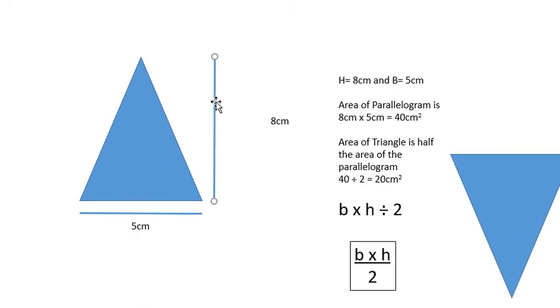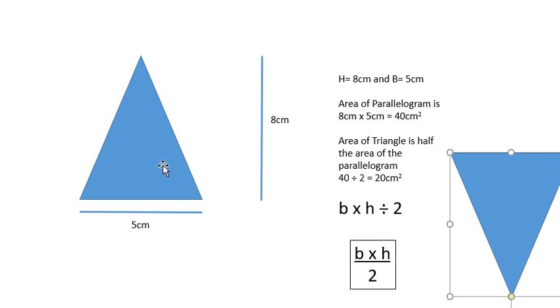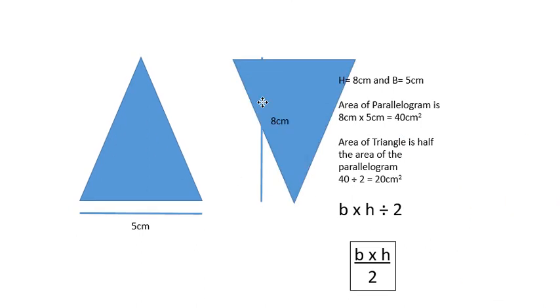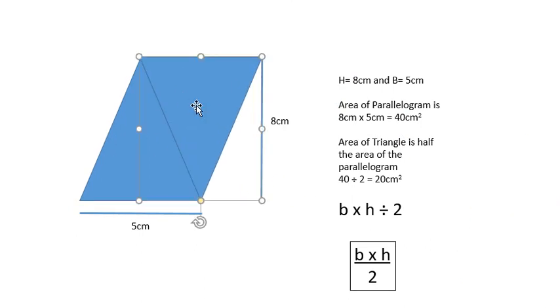It would be a height of 8 centimeters and a base of 5 centimeters. So a base of 5, which is labeled right here, and a height of 8, which is labeled right here. It goes from here all the way to the top. So I copied this triangle, and I put it right there.